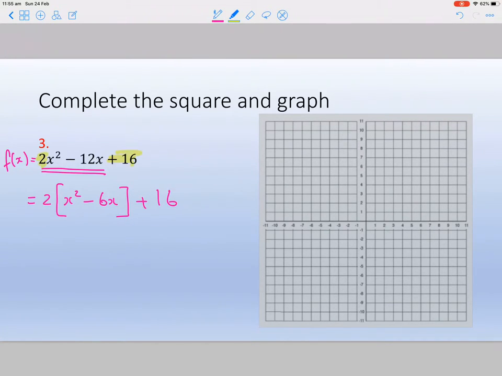So I've just brought this guy down here. And now I'm going to complete the square, but within the constraints of the square bracket. So I've got 2, and I've got x, and I'm going to go minus 3, because remember we're halving this term, squared. Now I'm going to minus that squared. Minus 3 squared, that's 9. Okay. Now close my square brackets, plus 16.